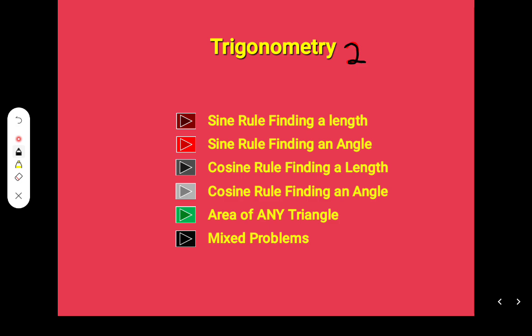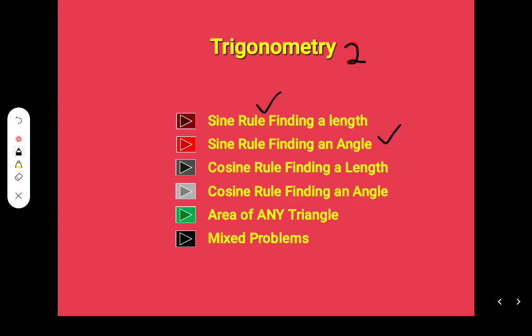In Trigonometry 2, we are going to look at two very useful formulae known as sine rule and cosine rule. We are going to look at how you can find the length of any given triangle when enough information has been given using the sine rule. We're going to look at how you can use the sine rule to find and name the angle depending on the information given.